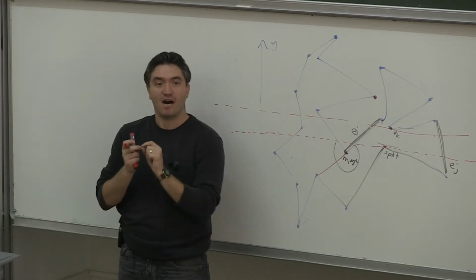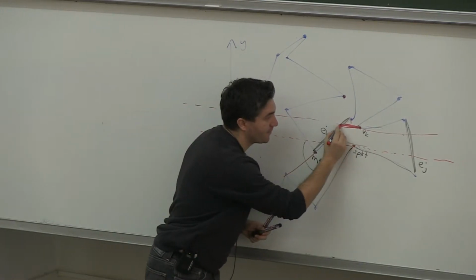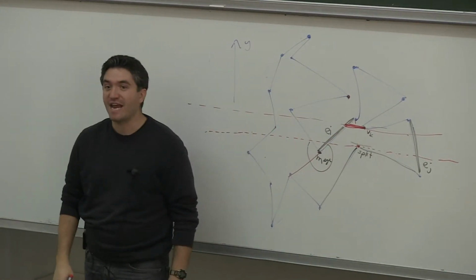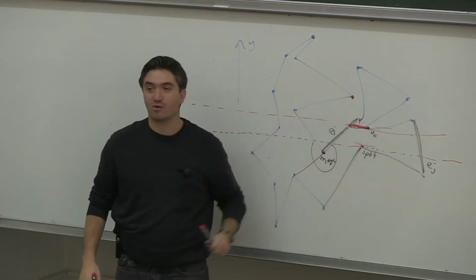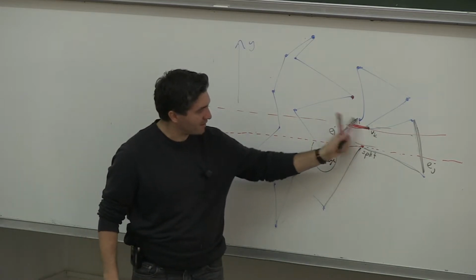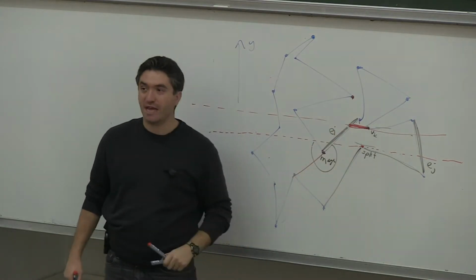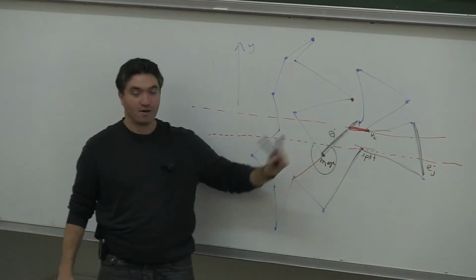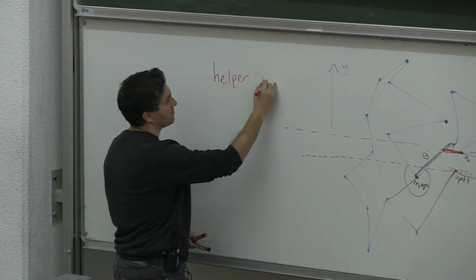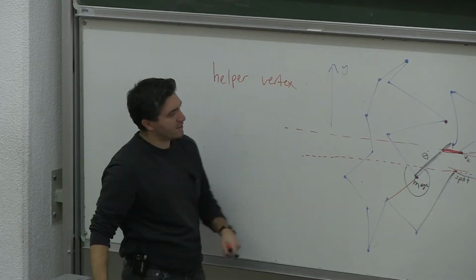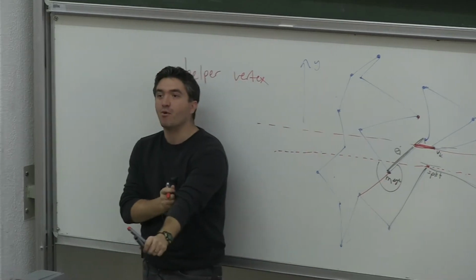It means that this horizontal line here does not intersect any other polygon edges, because EI is the closest neighbor on the left of VK. So when I reach VK, I set the helper vertex. That's the formal definition of helper vertex. The helper vertex of this edge is set to this event point VK.